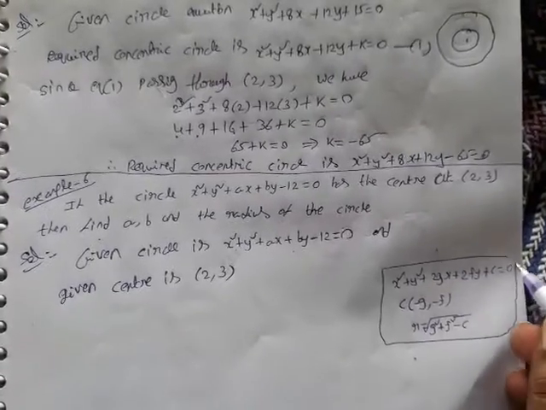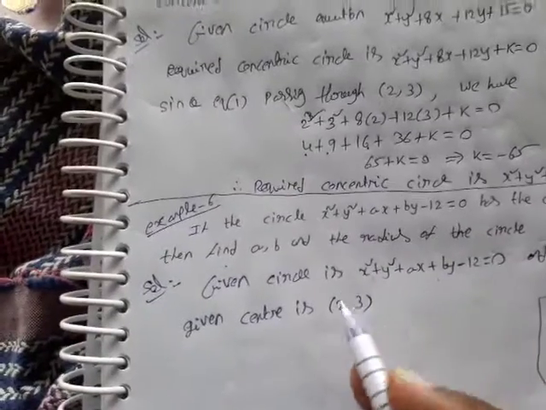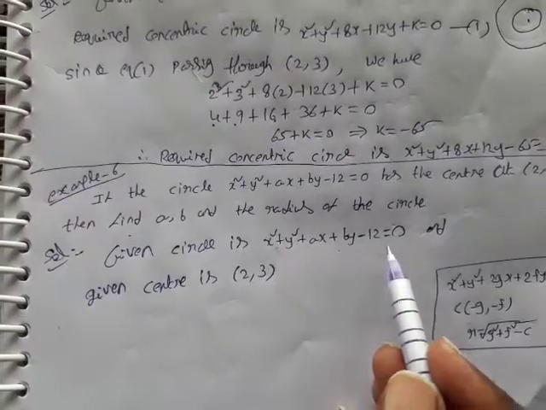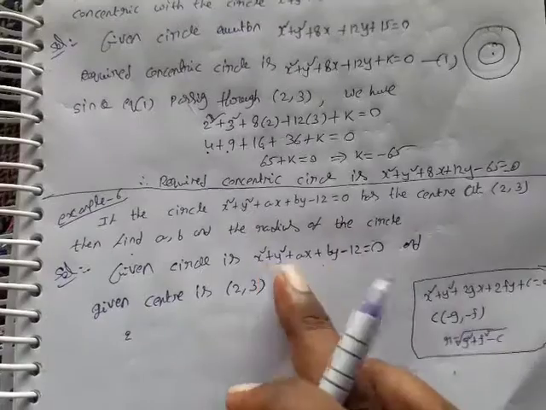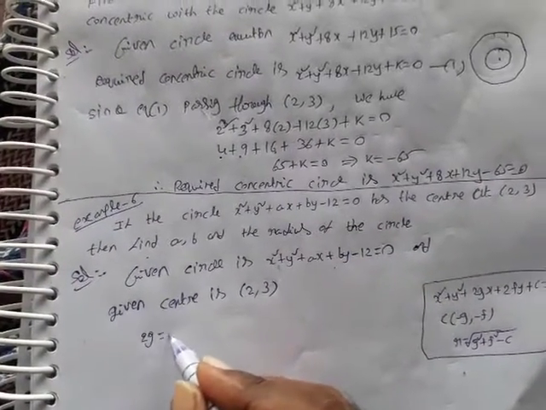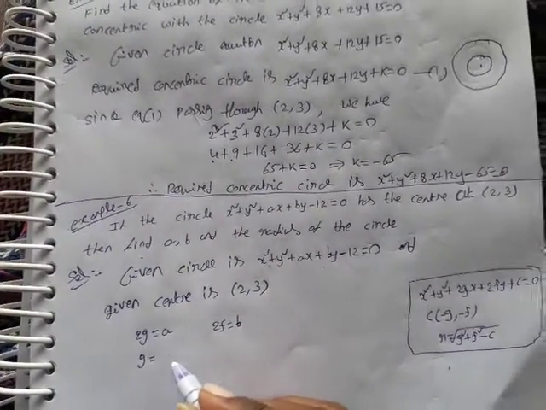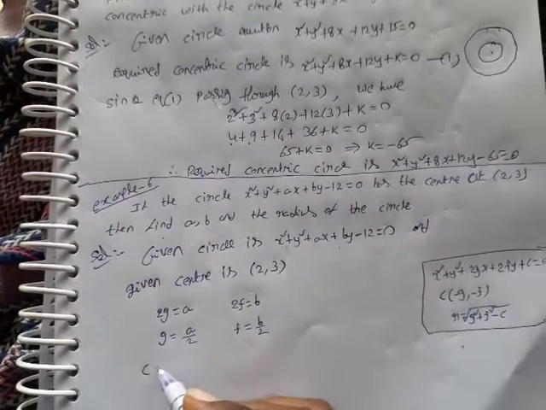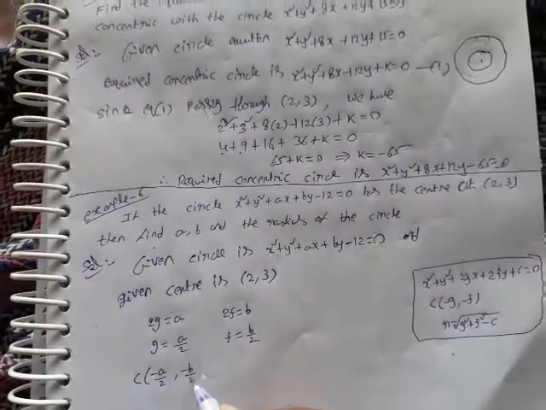Now compare these two equations: 2g is equal to a, 2f is equal to b. That means g is equal to a by 2, f is equal to b by 2. Center is minus g comma minus f, that is minus a by 2 comma minus b by 2.